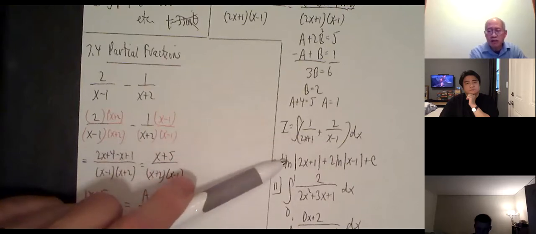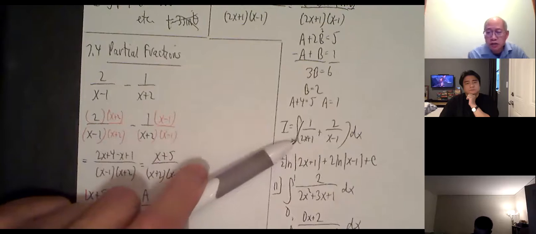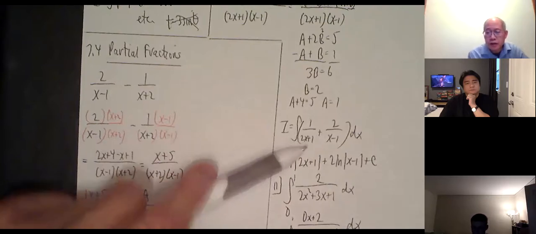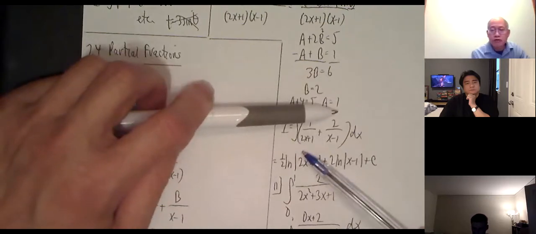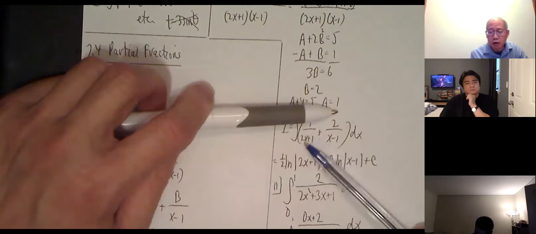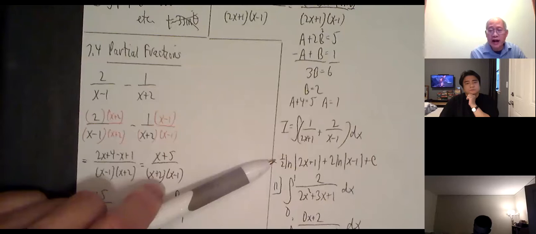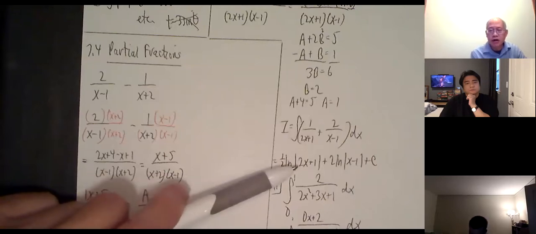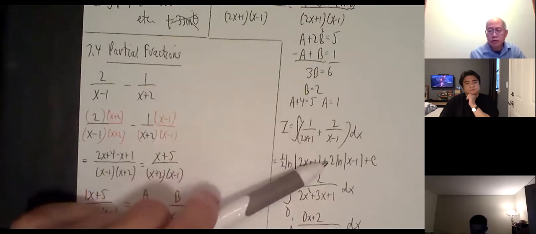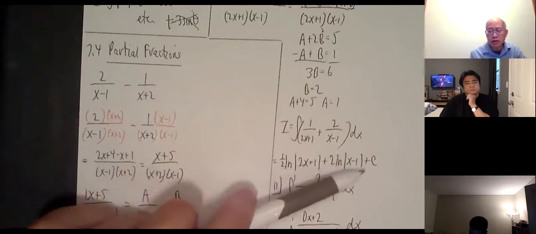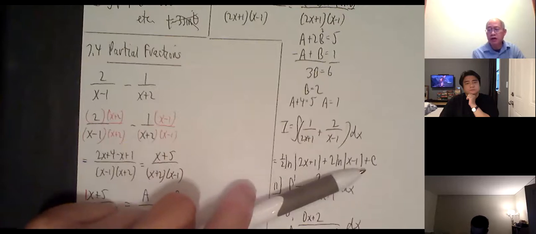This one's a little bit tricky because of the chain rule, because it's 2x plus 1. So I asked myself, if I were to differentiate at this stage, I would multiply by 2. Since I'm integrating, I multiply by a half instead. So it's going to be 1/2 ln absolute value of 2x plus 1 plus 2 ln absolute value of x minus 1 plus c. And that's my final answer.